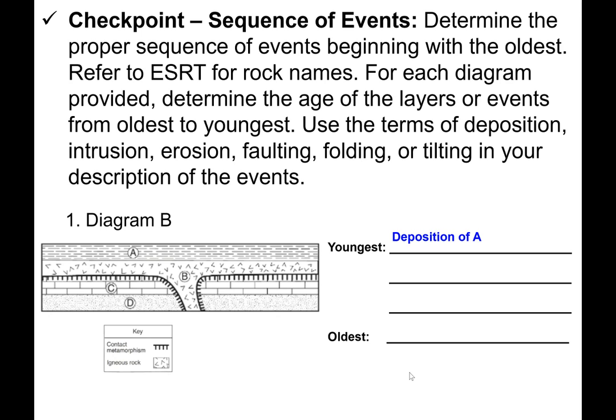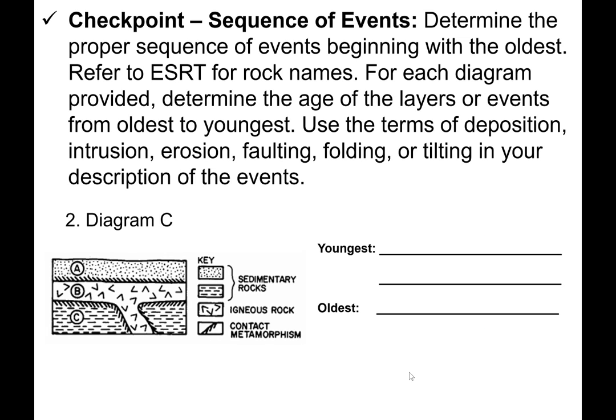Then we'll see the intrusion of B, deposition of C, and then deposition of D being at the bottom. Again, the reason that A is younger than B is because there's no contact metamorphism between them.